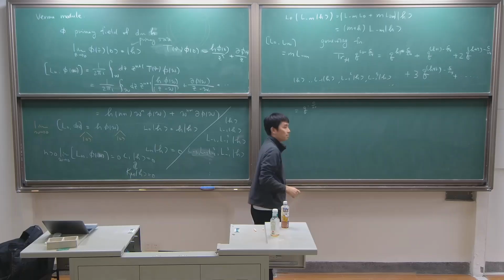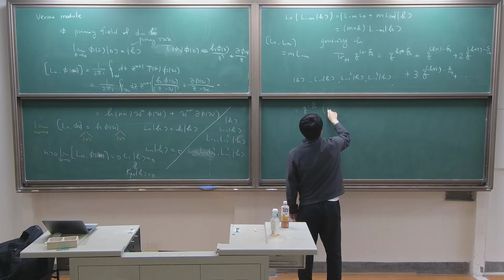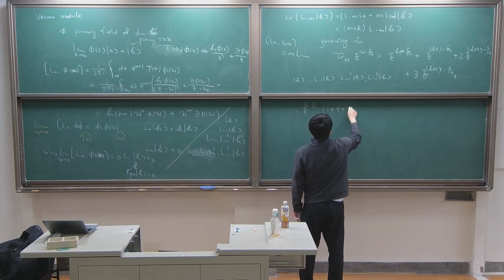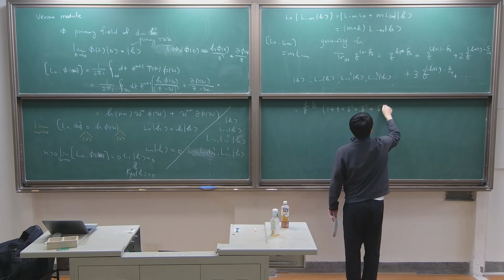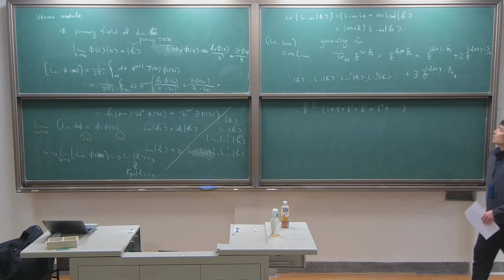That's the overall factor. If you consider this part, you have q to the h minus c over 24 times 1 plus q plus q squared plus q cubed plus q to the fourth, and so on.